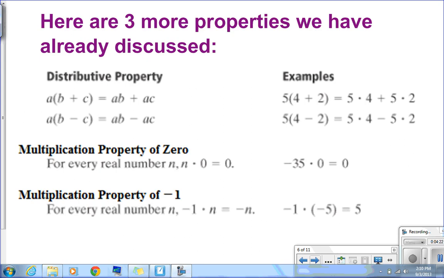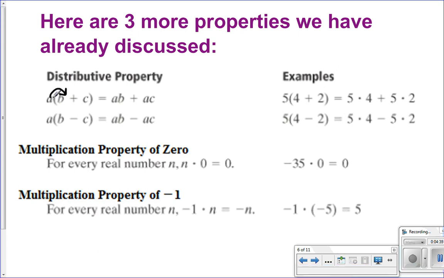So here are 3 more properties that we need to talk about. The distributive property, we've talked about this one earlier last week, and you've talked about it in previous classes. The distributive property means if we have A times the quantity B plus C, we just distribute the A to both terms. You're multiplying here.